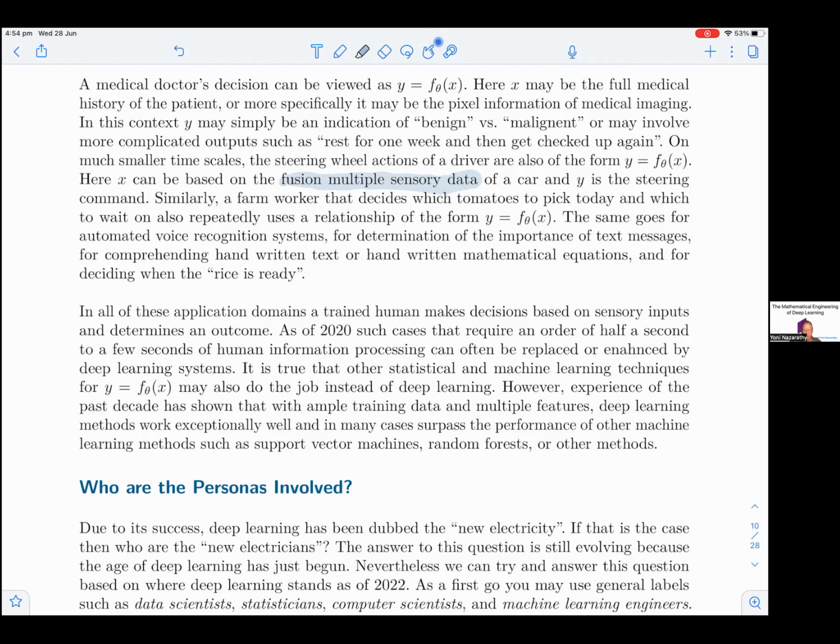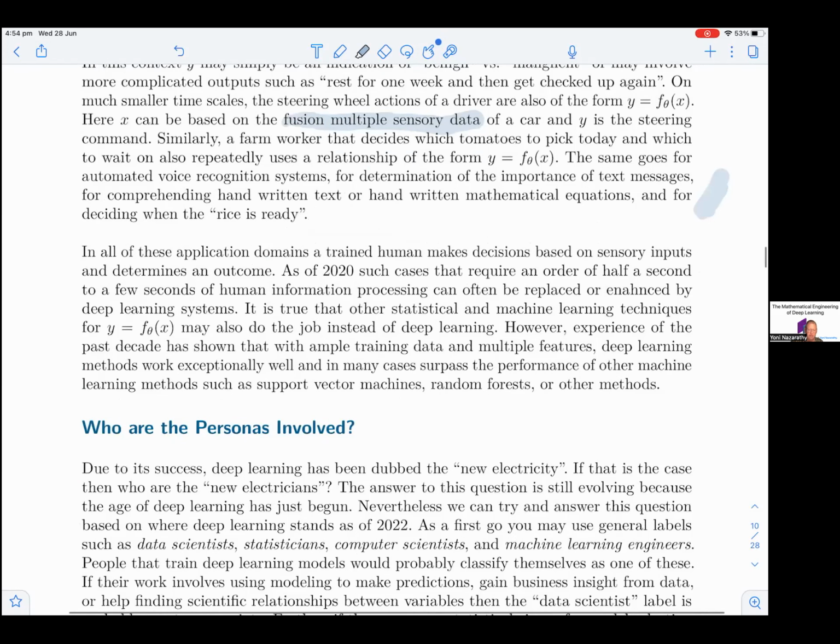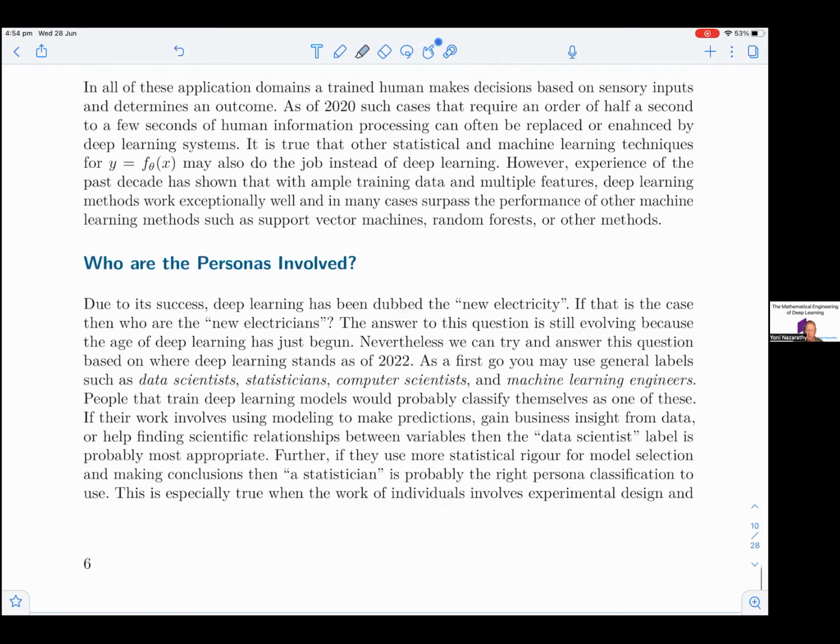The same goes for automated voice recognition systems, for determination of the importance of text messages, for comprehending handwritten text or handwritten mathematical equations, and for deciding when the rice is ready. In all of these application domains, a trained human makes decisions based on sensory inputs and determines an outcome.